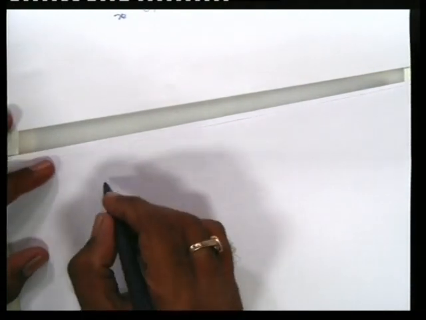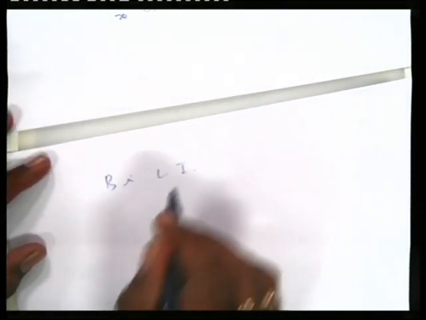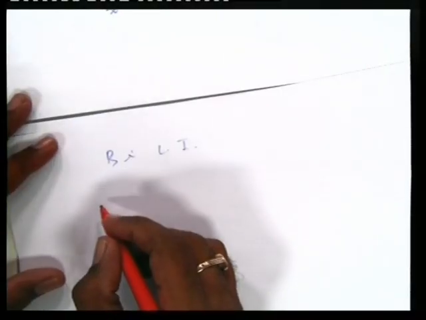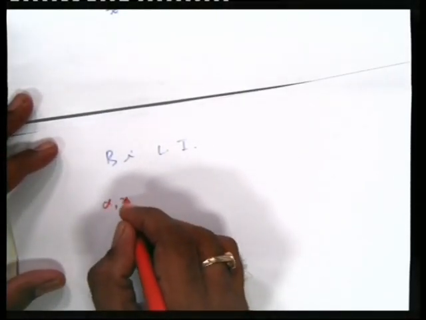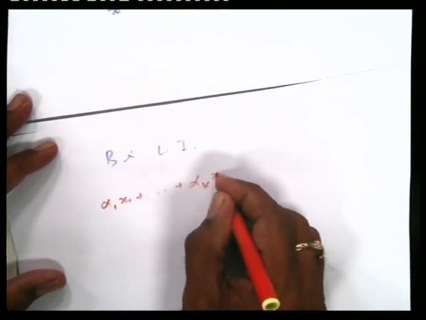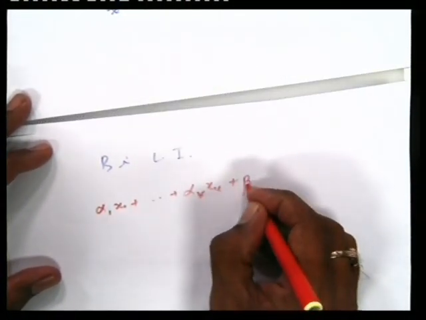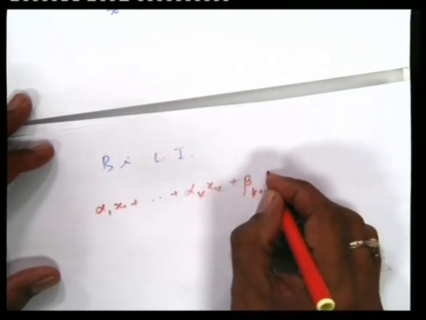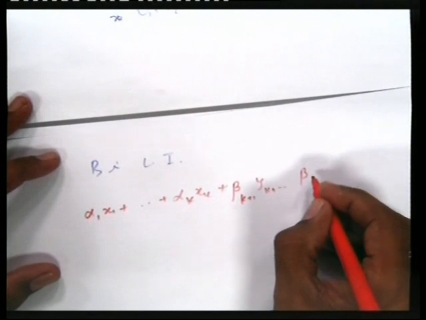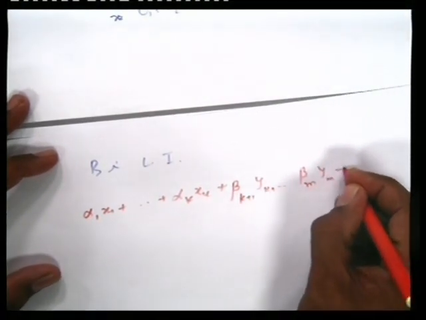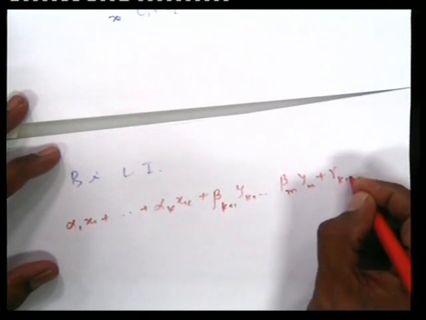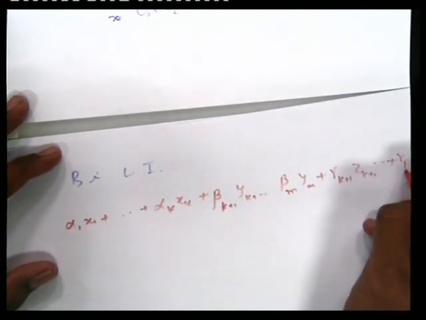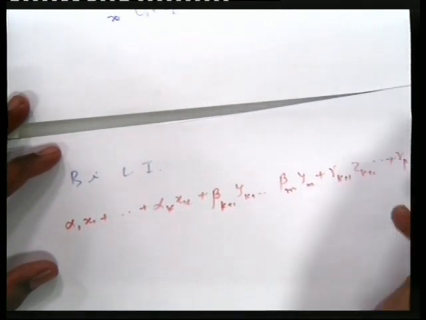And for linear independence, we have to prove that this B is linearly independent. For that, we take a linear combination of vectors of B like alpha 1 x1 up to alpha k xk plus beta k plus 1 yk plus 1 up to beta m ym plus gamma k plus 1 zk plus 1 up to gamma p zp equal to theta.